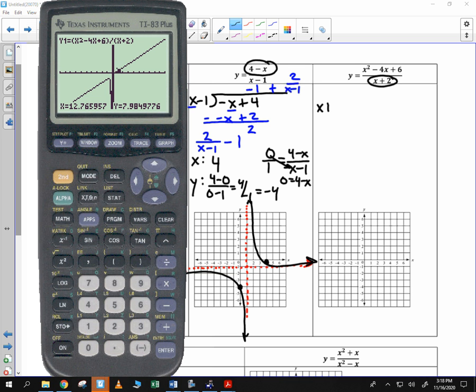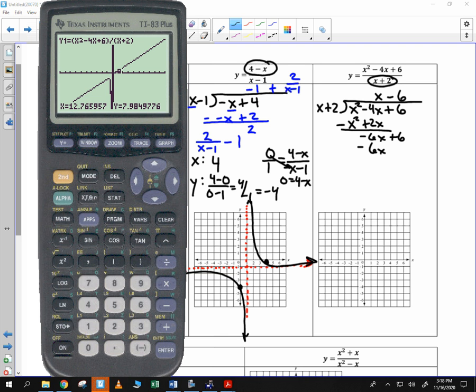Let's try to take the x plus 2 and divide it into x squared minus 4x plus 6 and see what happens. When we divide it in, x times x is x squared. x squared plus 2x. I subtract, and I get negative 6x plus 6, multiplied by negative 6.